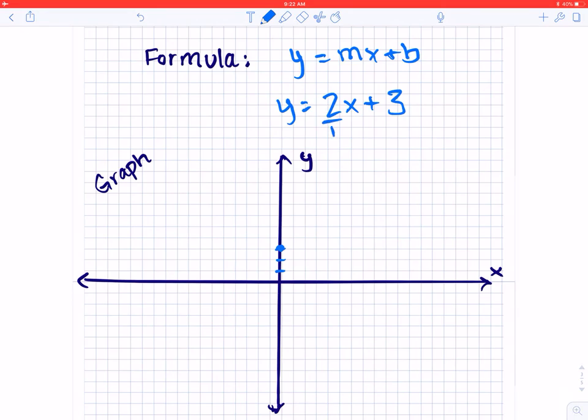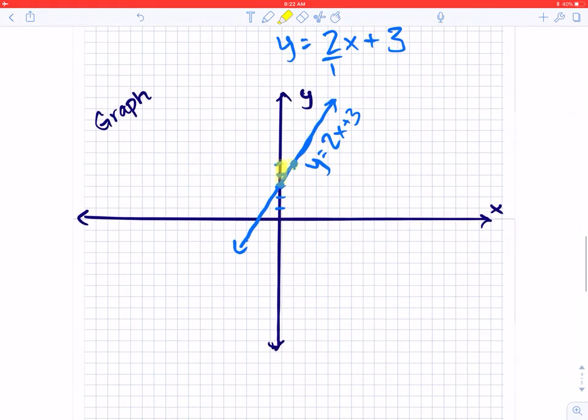This is 2/1 because every whole number is over an invisible 1. So I'm going to rise 2, run 1, connect my points with a ruler going past the points, drawing a straight line. I have y equals 2x plus 3. And if I wanted to check my slope triangle, I could see here that it's 2/1. Nice job.